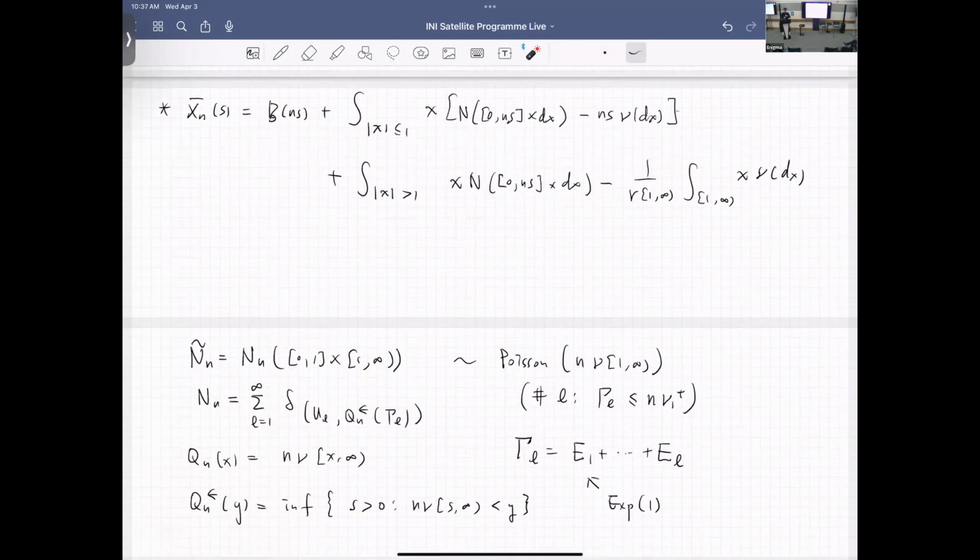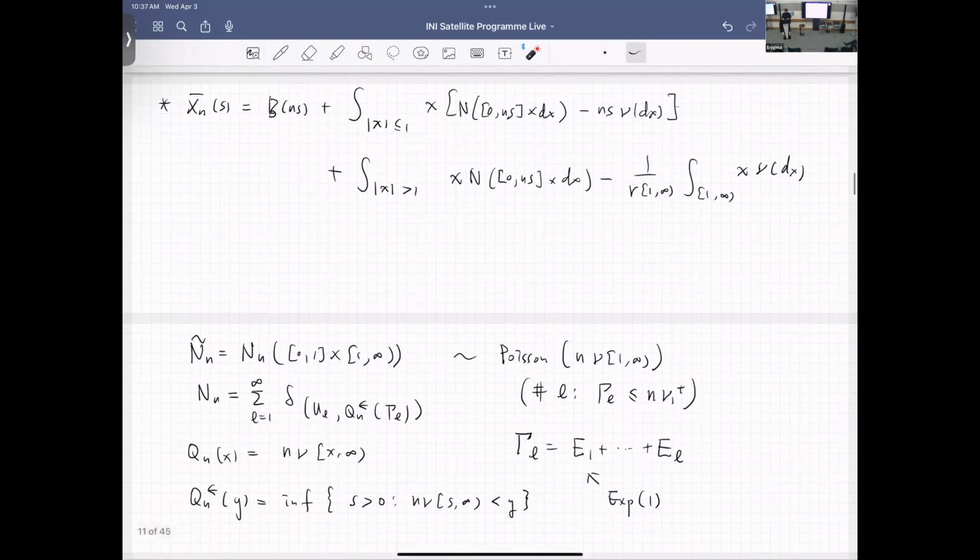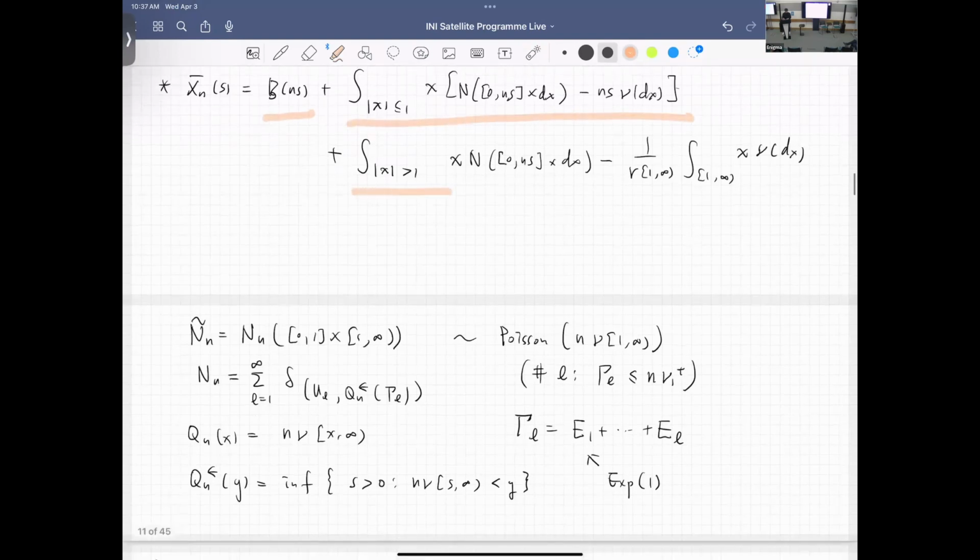Let me say a little bit about how you can prove this. Again, Levy-Ito decomposition. You have the Brownian part, the small jumps, large jumps, and some centering.